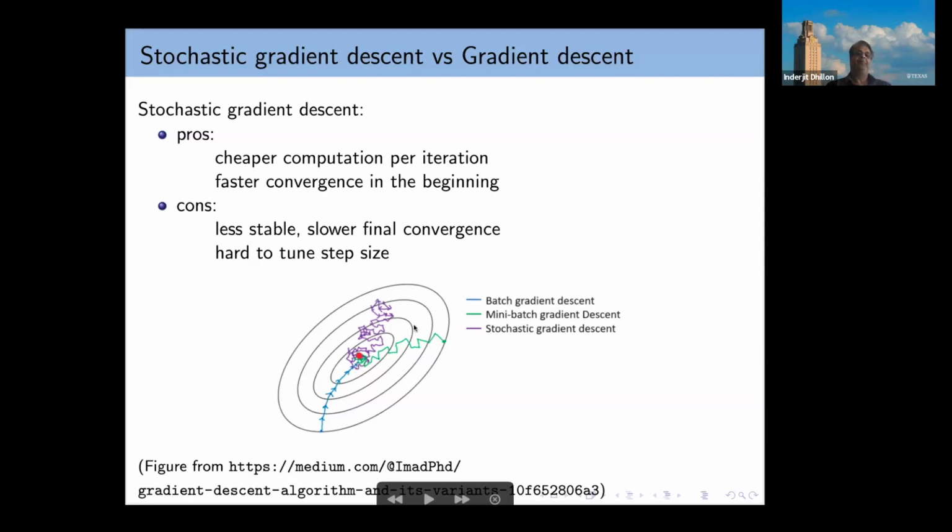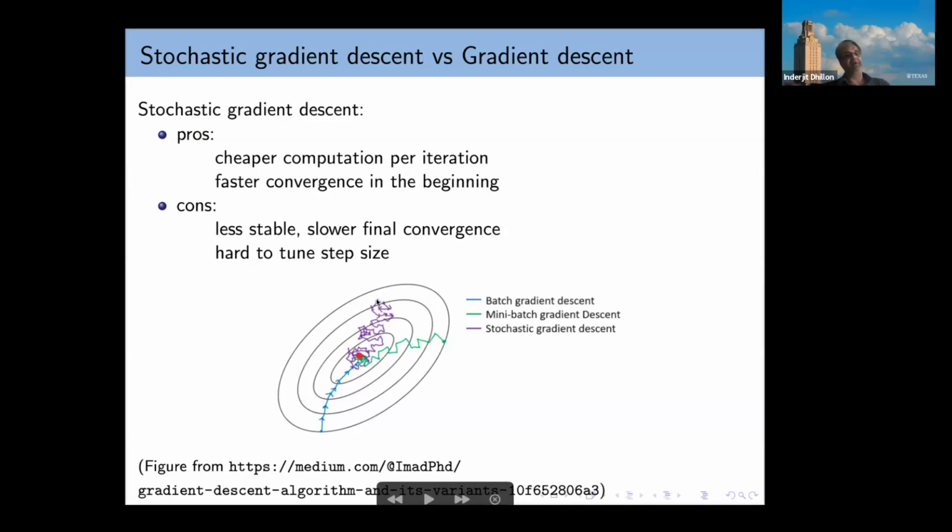Okay. And then you can see over here, stochastic gradient does not decrease the loss at every step. It's not guaranteed to. It can actually increase the loss sometimes. This is what's happening over here. You're going from an inner level set to an outer level set. Okay?